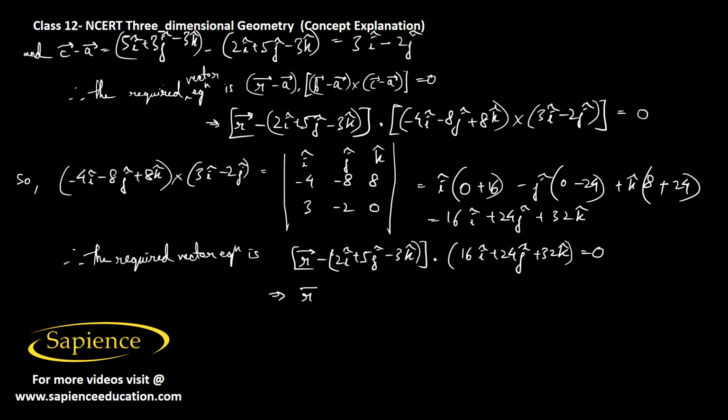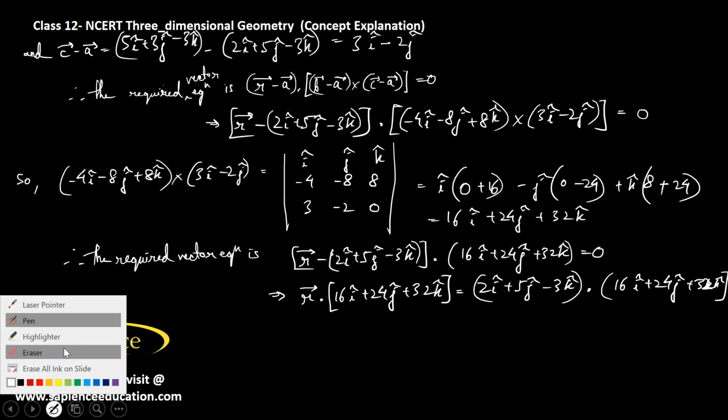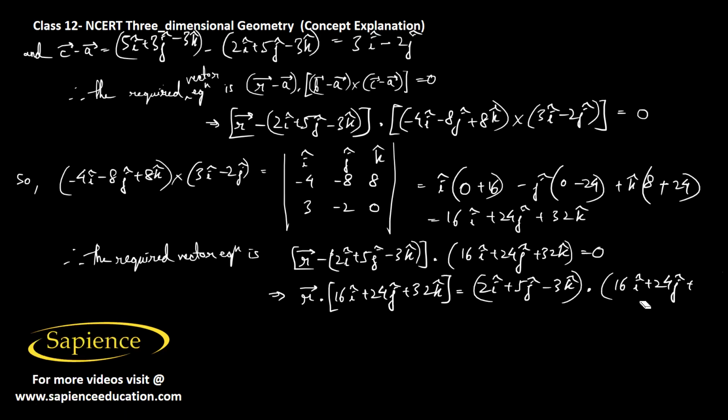So if we simplify it, then we will get r vector dot 16i cap plus 24j cap plus 32k cap equal to 2i cap plus 5j cap minus 3k cap, its dot product with 16i cap plus 24j cap plus 32k cap.